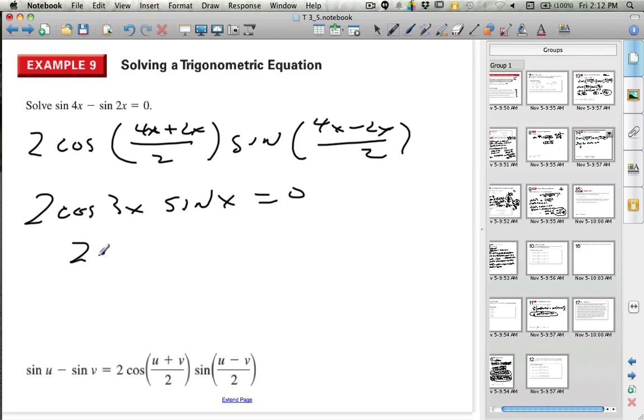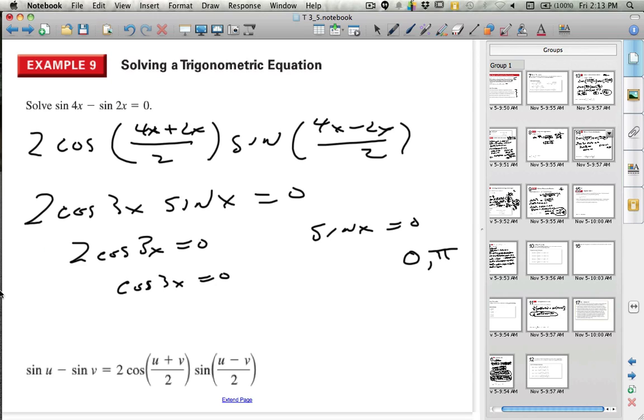So now if I set 2 cosine 3x equal to 0, and I also set sine of x equal to 0. Well, where is sine 0? That's at 0 and at pi. When we look at 2 cosine of 3x, when we divide by 2, we'll have cosine of 3x equal to 0.